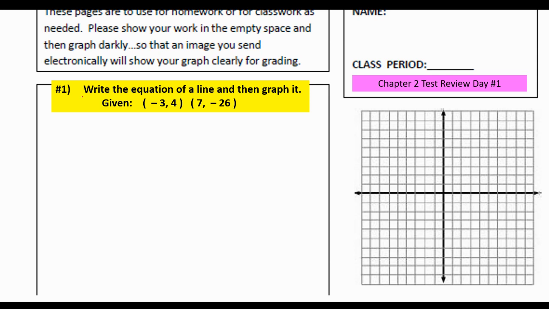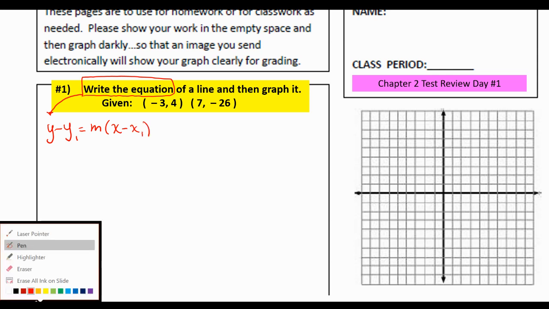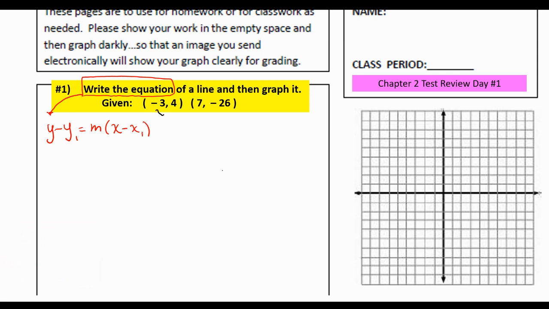Okay, anytime the direction says write the equation of a line, then you need to use the formula y minus y sub 1 equals m parenthesis x minus x sub 1. So we're given 2 points already, so we can label these x and y.